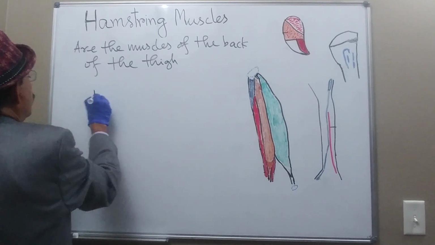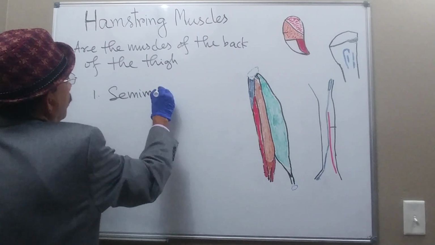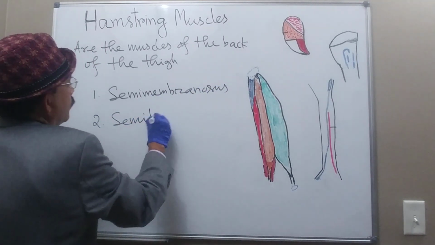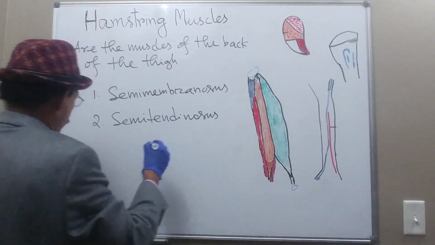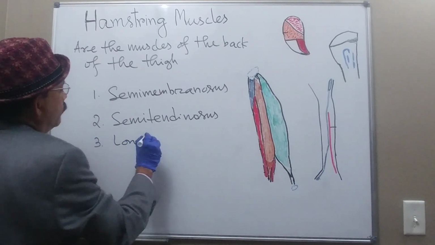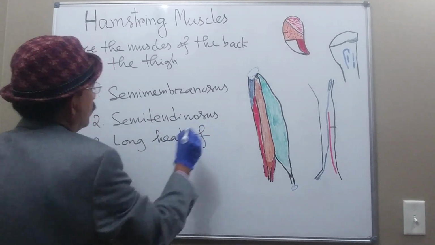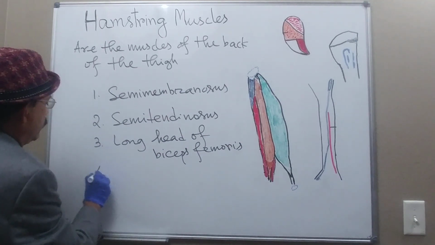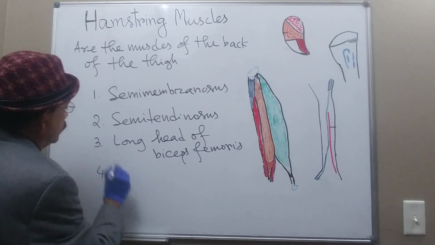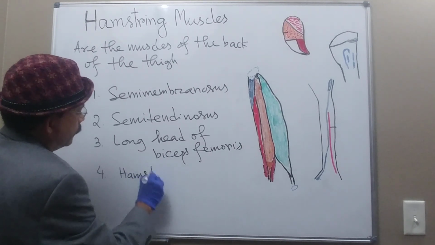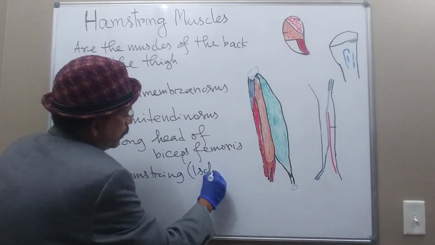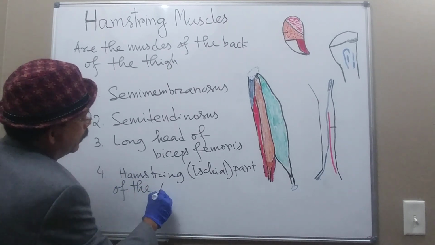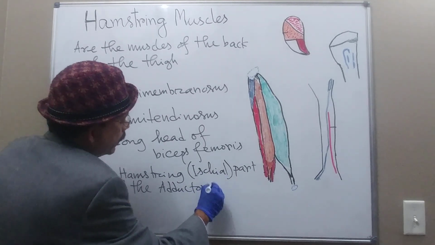Okay, these are the semimembranosus, semitendinosus, long head of biceps femoris, and the hamstring or ischial part of the adductor magnus.